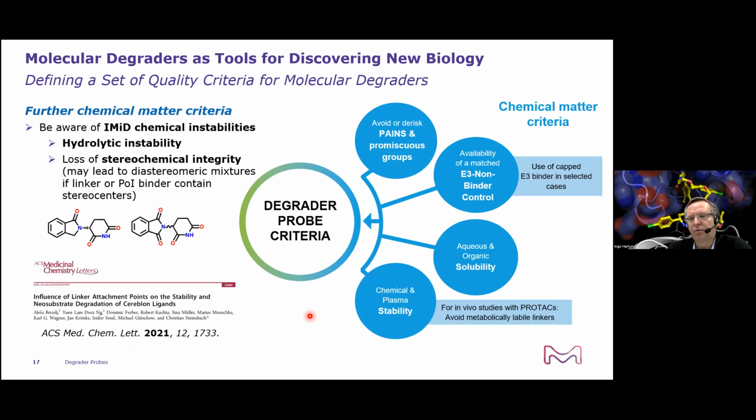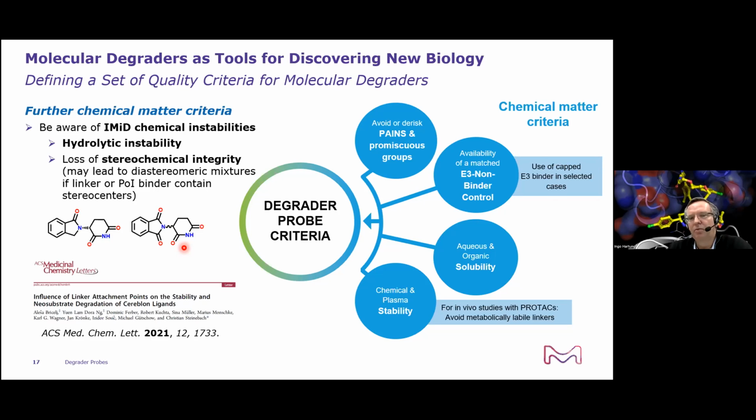And finally, as for typical probes as well, you want to have solubility, you want to understand stability. I think everybody who has worked with cereblon engagers is aware of the chemical instabilities, especially in the thalidomide type system. So hydrolytic instability, but also that the stereochemical integrity is often not there.